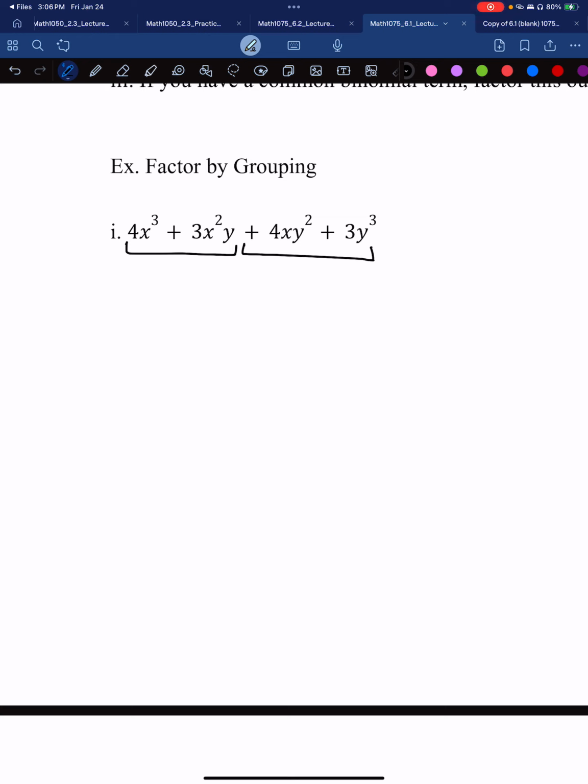So if we're looking at 4x cubed and 3x squared y, you'll notice that what they have in common is an x squared. So we'll take out an x squared.